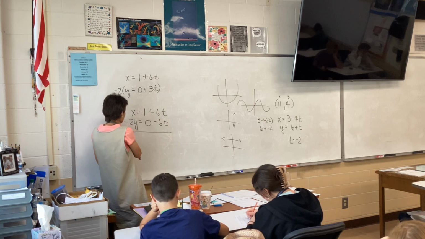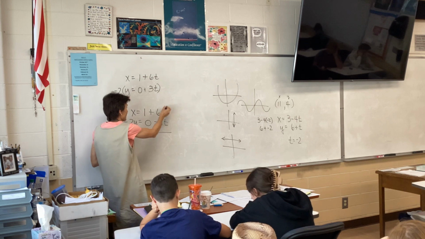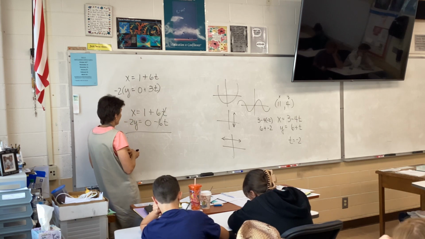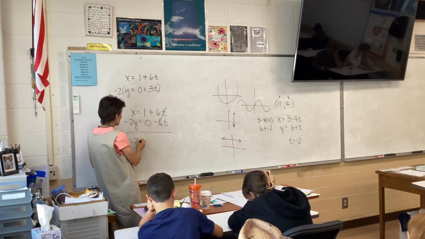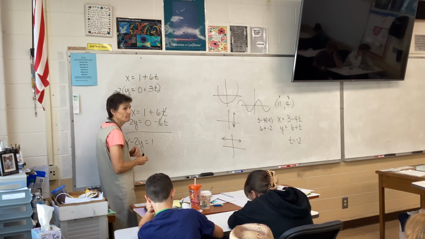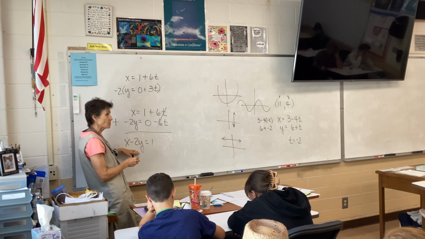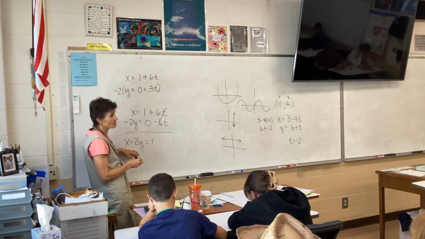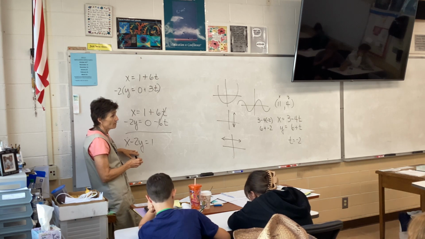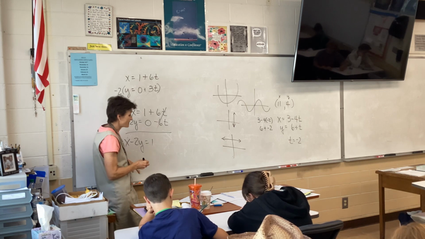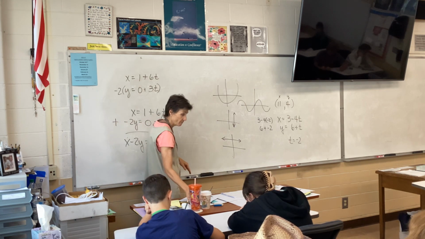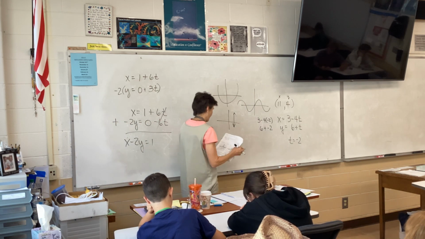Adding them together, this is an add problem, the t's are gone. So x minus 2y equals 1. That is the direct algebraic relationship between x and y, which is just a fancy way of saying we got rid of the t's.